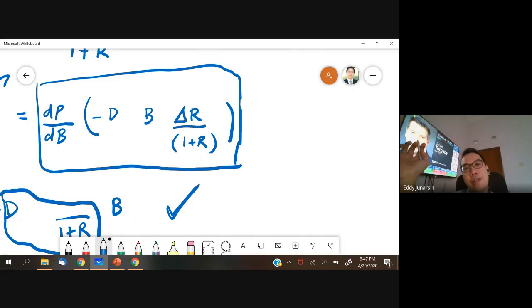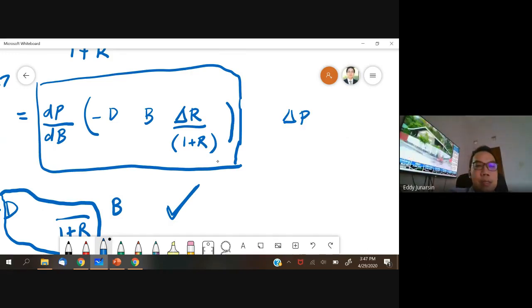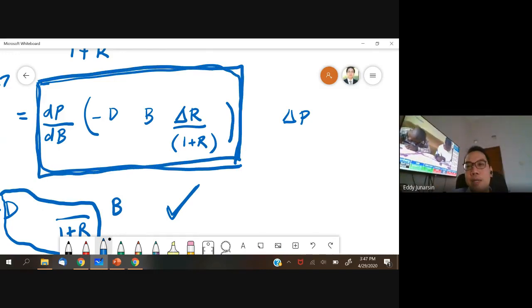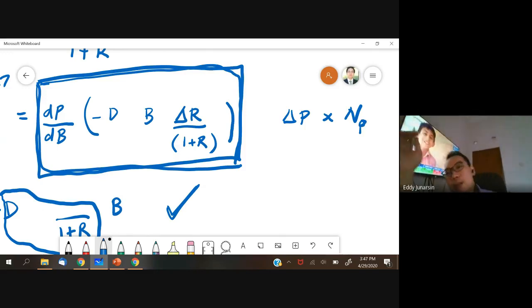In terms of the total impact of the derivative transaction, we have to multiply the change in the option value by the number of option contracts bought or sold, whether we take the long or short position.